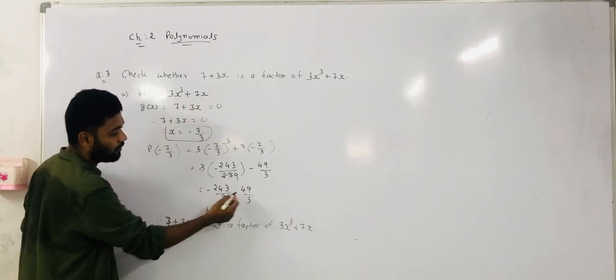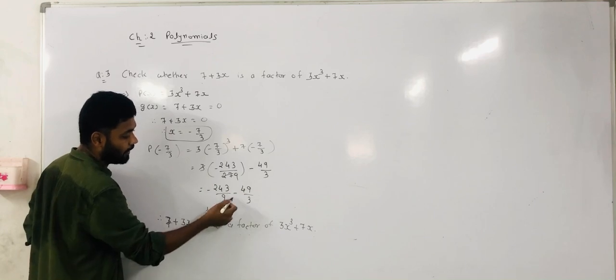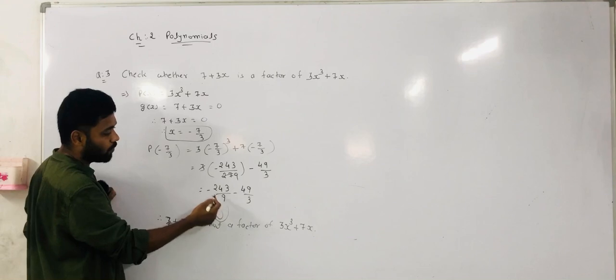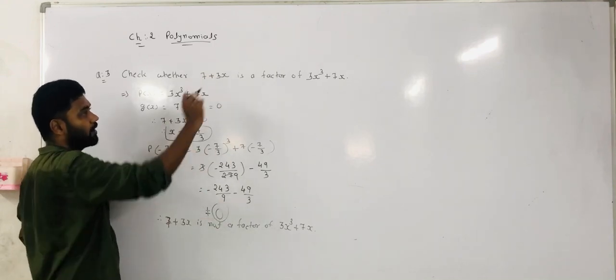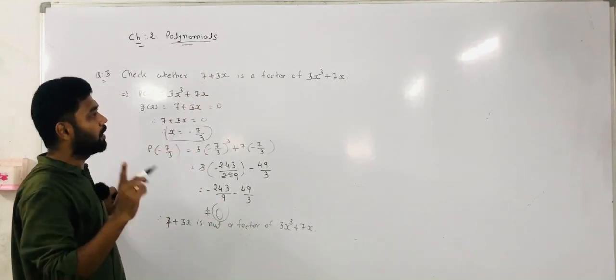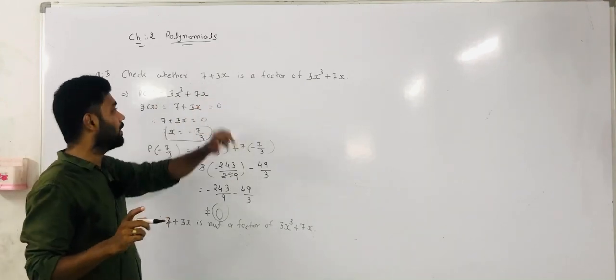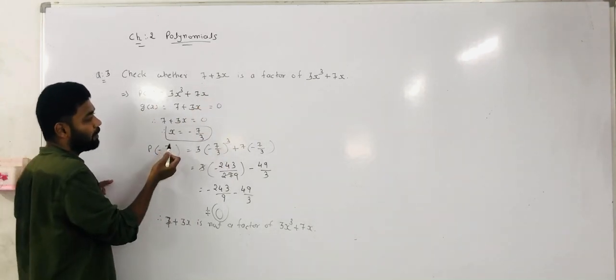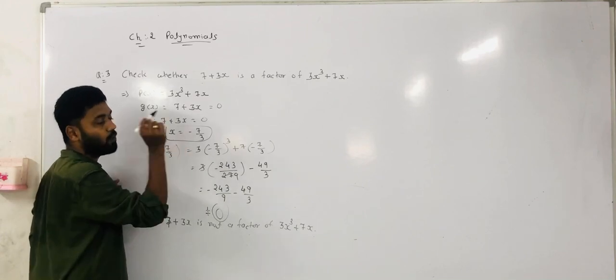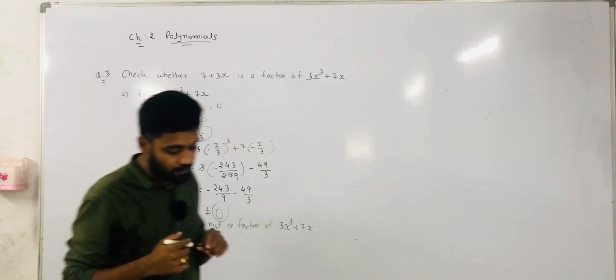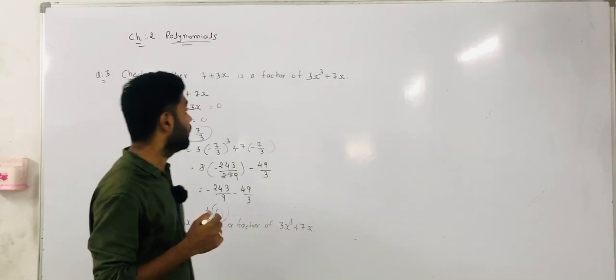But in our case we are not getting p of minus 7 by 3 equal to 0, so this is not a factor of 3x cube plus 7x. If it were a factor, then p of minus 7 by 3 must be equal to 0. So this way you can say that it is not a factor of 3x cube plus 7x.